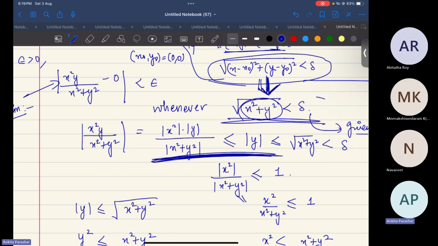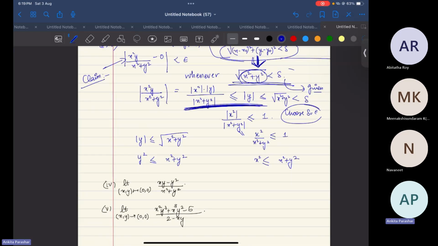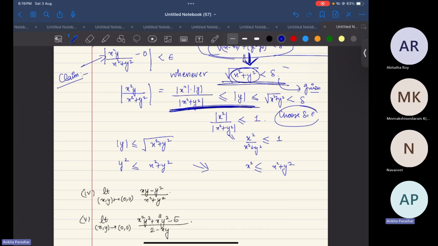Finally, choose delta as epsilon, and we conclude that x square y by x square plus y square minus 0 is less than epsilon whenever x square plus y square is less than delta. We have used this property well. Now, just using the definition, we got that the limit is nothing but 0.